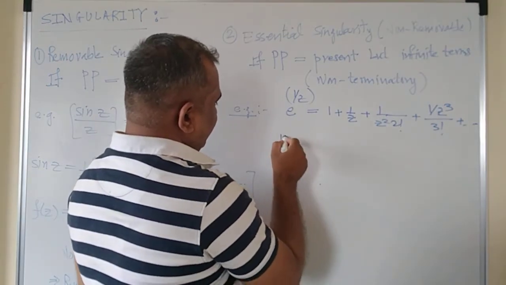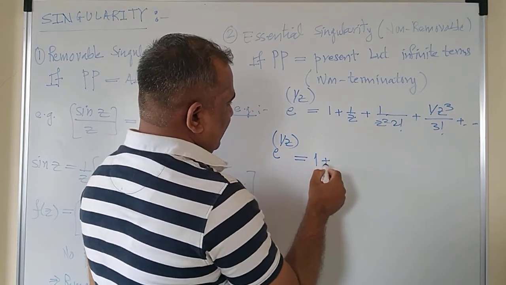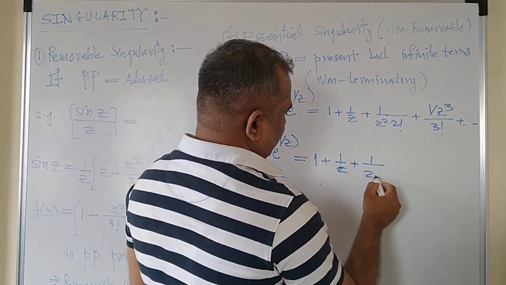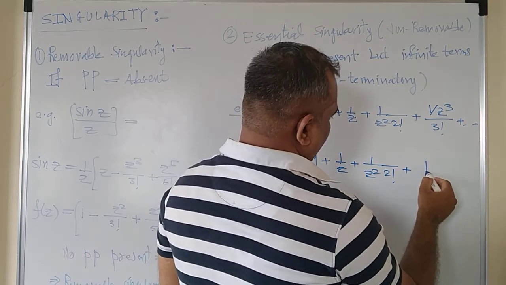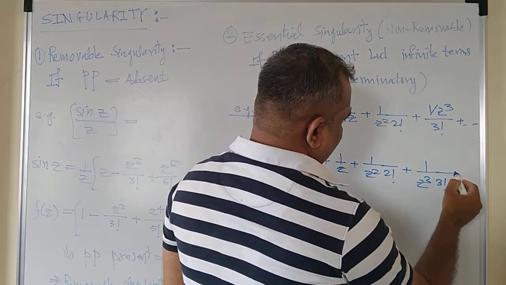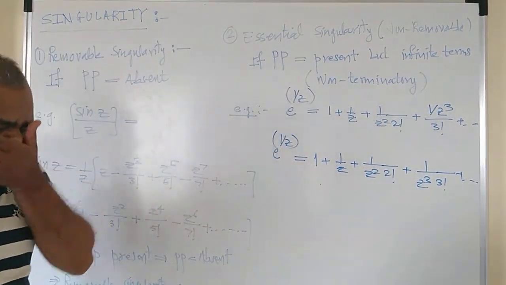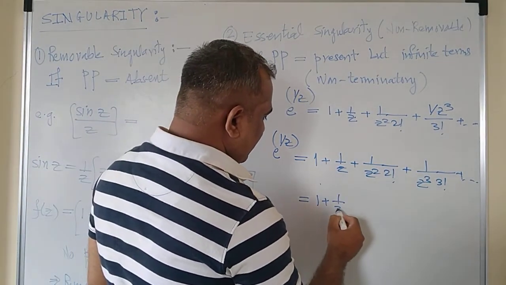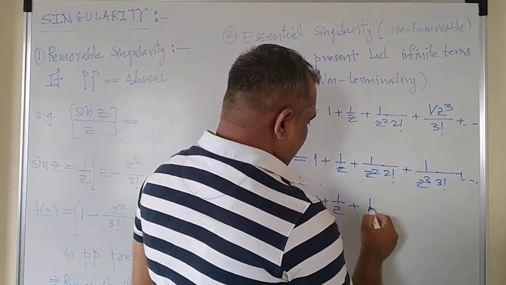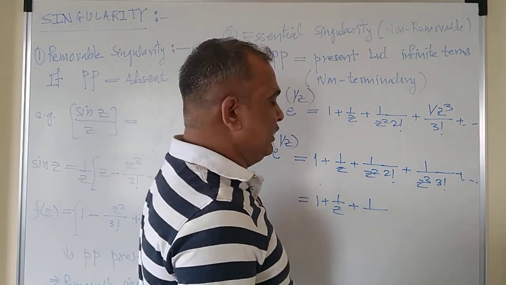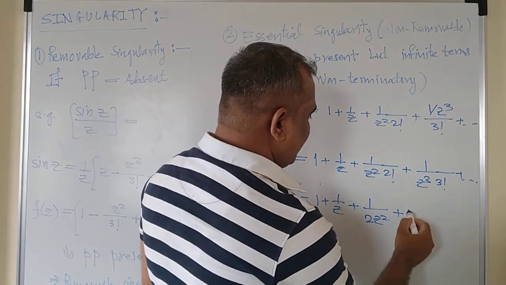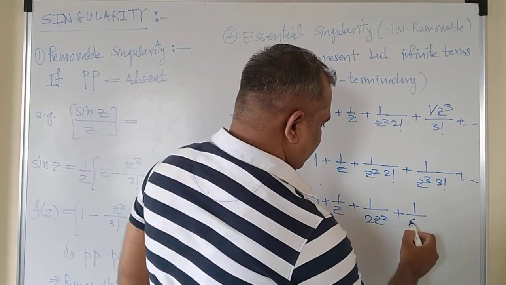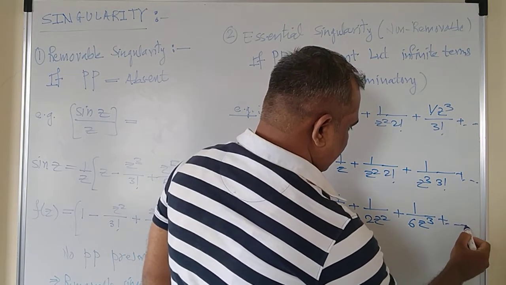So I can rewrite this again: e raised to 1 by z is equal to 1 plus 1 upon z plus 1 upon z square into 2 factorial plus 1 upon z cube into 3 factorial. 2 factorial means 2 into 1, so 2z square, and 3 factorial is 3 into 2 into 1, so 6z cube, plus dot dot dot.